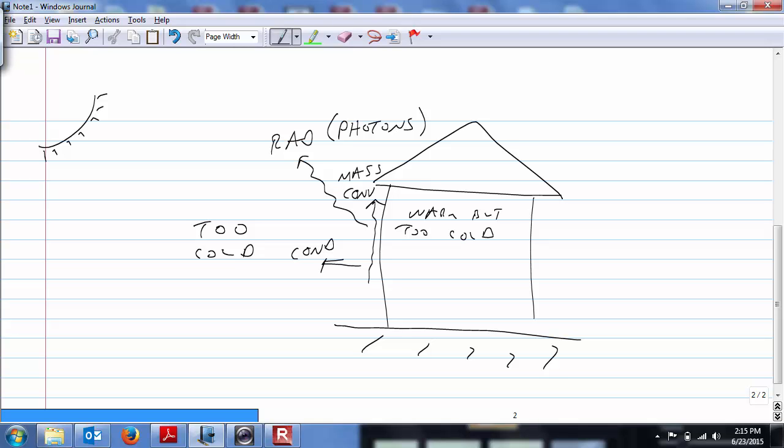So those are the three fundamental modes. And yeah, you're right. If it's warm in the house and way colder than you want it to be outside, what's your solution? Well, the sun's right up here, cranking away at approximately 1,000 watts per square meter.